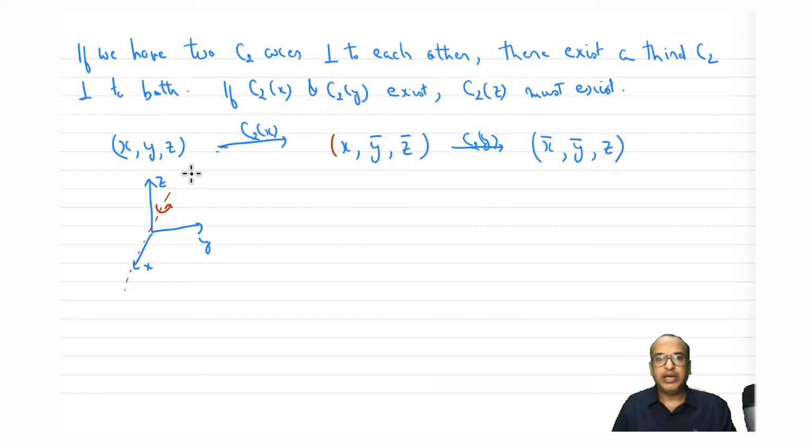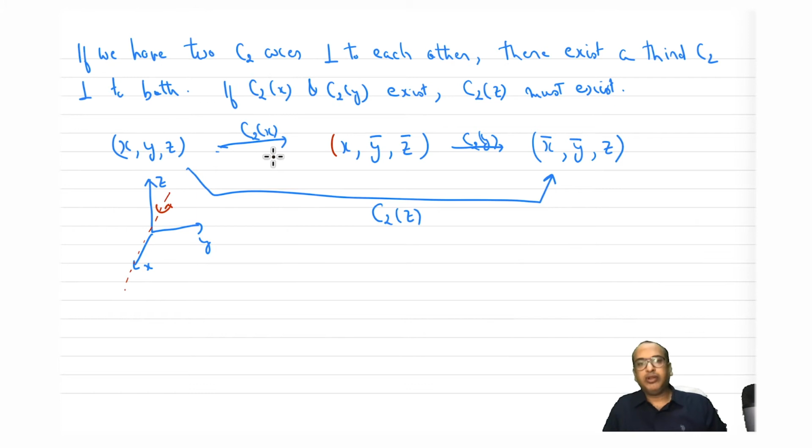Now you can easily see that if we have to go from here to here, x is changing its sign, y is changing its sign, whereas z is remaining as such, which can be obtained by the C2z operation, right? Thus we have shown that if there are two perpendicular C2 axes, there must exist a C2 axis which is perpendicular to both. So C2z is perpendicular to both x as well as y, right?